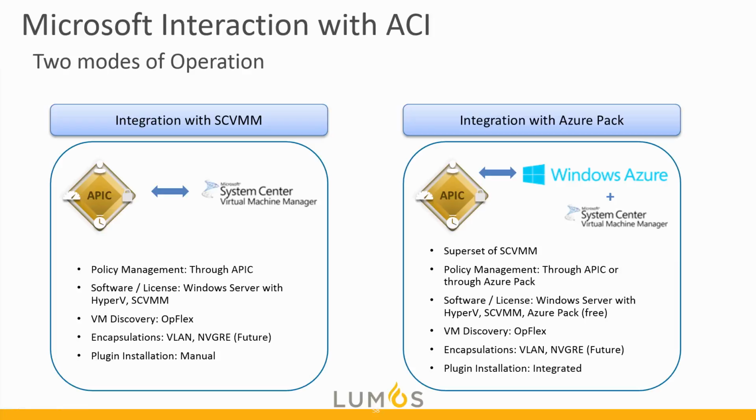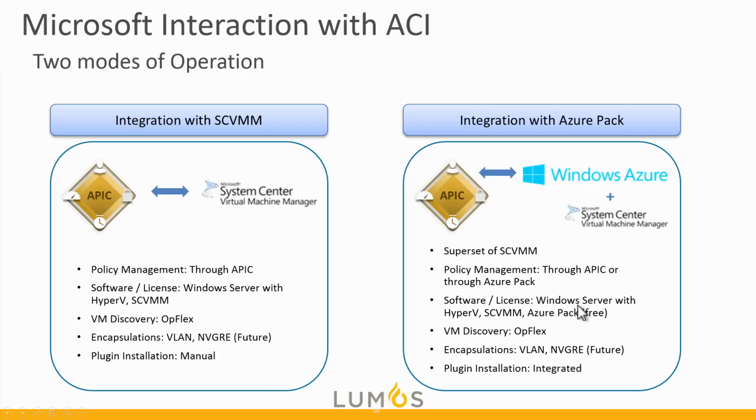The policy management or configuration can be done through the APIC or through a single pane of glass through Azure Pack, which is very analogous to what we just finished talking about with regard to VMware and the ACI plugin. Azure Pack has always been this way, so we do everything through a single pane of glass.